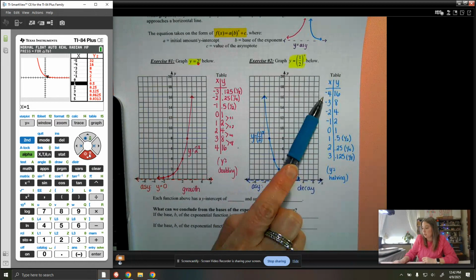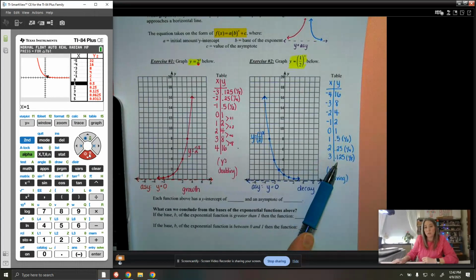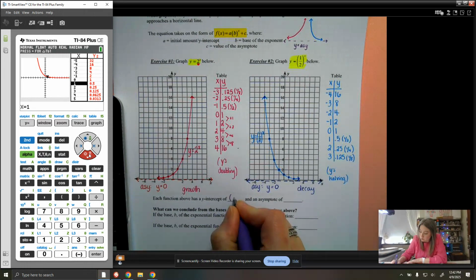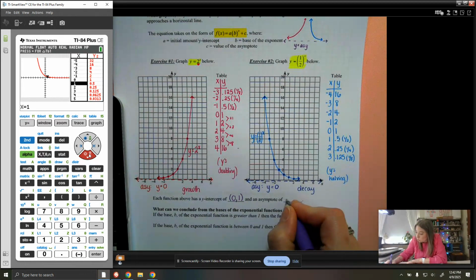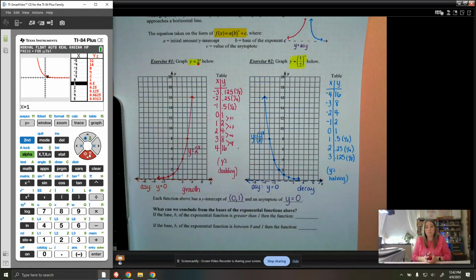Decay: as x increases, y decreases. So let's break down what we just saw happening here. Each function above has a y-intercept of 0, positive 1, and an asymptote of y equals 0, both of them.